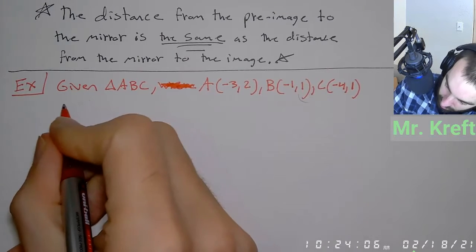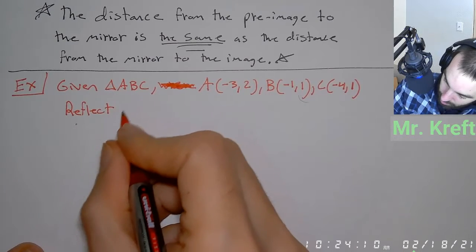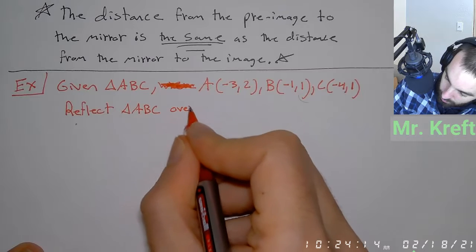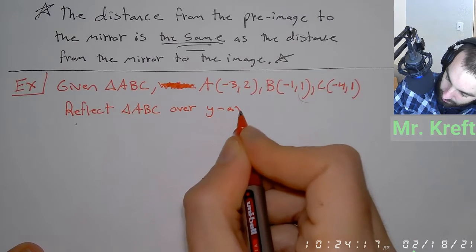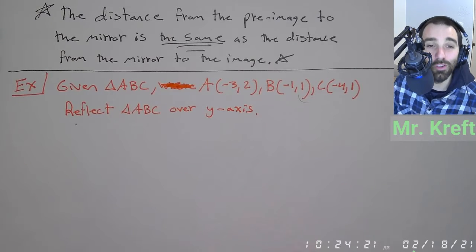Okay. We're going to reflect triangle ABC over the y-axis. Okay, kind of like what I just showed you with the mirror.